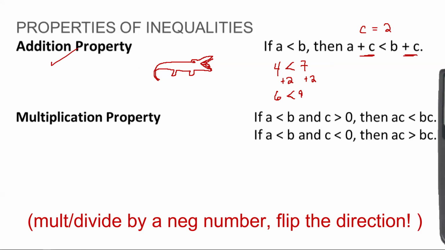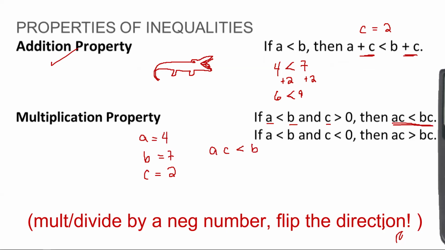So that's the addition property of inequalities, and hopefully that ties that up. Here's another one, the multiplication property of inequalities. And when we think about this one, I'm going to need three numbers again. So A, B, and C. So again, let's let A equal 4, and B can be equal to 7, and C can be equal to 2 again. That's fine. Okay. When I multiply numbers, what we want to show is that AC is less than BC. So here's AC.